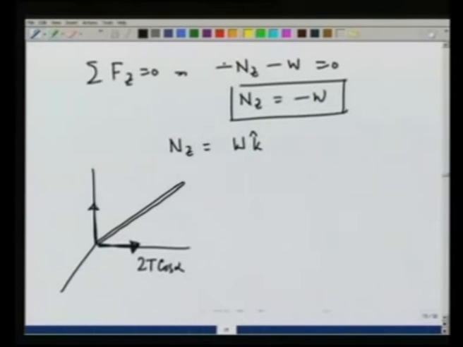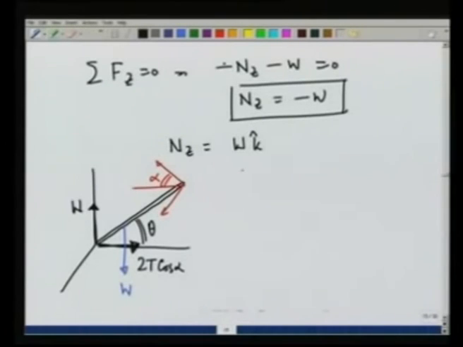There is a normal reaction in the z direction which is equal to W. There is a force W pulling it down. There is no force in the x direction, and then there are these two tensions in the xy plane working at an angle alpha like this. This angle is given to be theta.